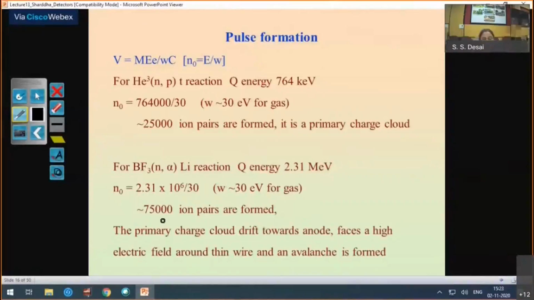We get 75,000 ion pairs for the same single neutron. It depends on what the Q energy of our interaction is. So this contributes to the primary ion pairs of the detector, and further it is amplified.